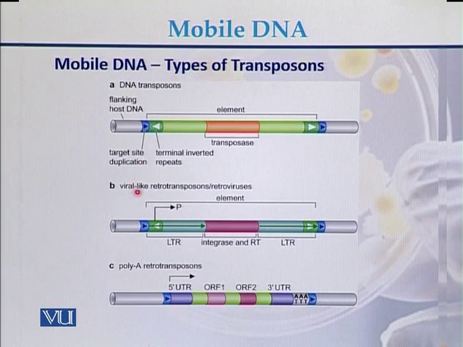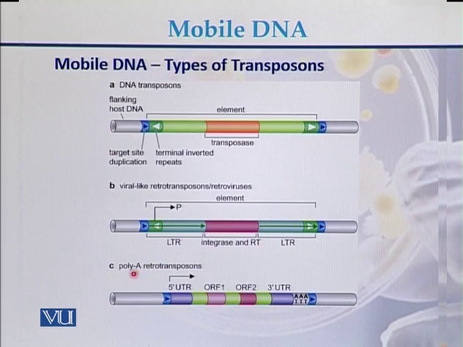In the case of viral-like retrotransposons, there can be sequences for integrase and reverse transcription. There can be LTR, long terminal repeats. So this is the difference between the DNA transposons and viral-like retrotransposons, because here we see that there is a sequence for the reverse transcriptase.